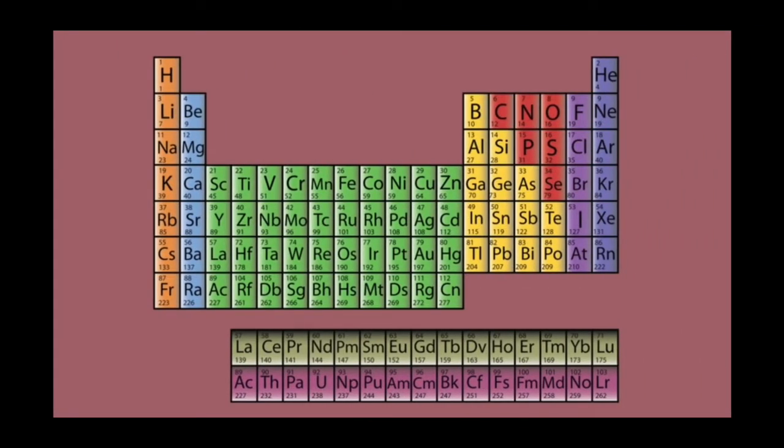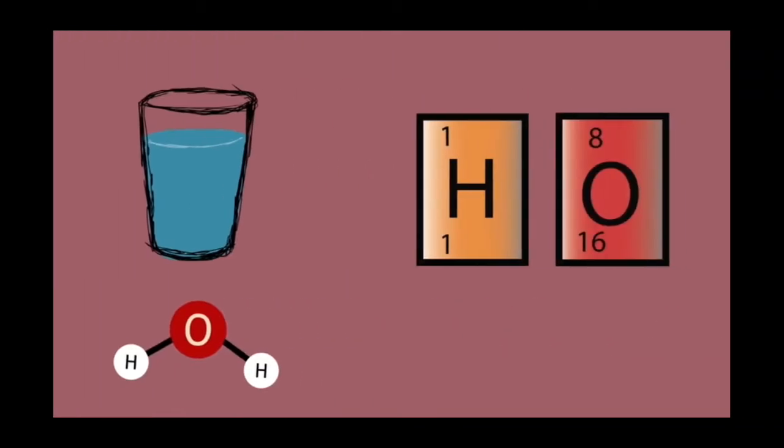All elements' atomic mass can be found using the periodic table. To calculate the percentage mass of water, first you should know the atomic masses of hydrogen and oxygen.